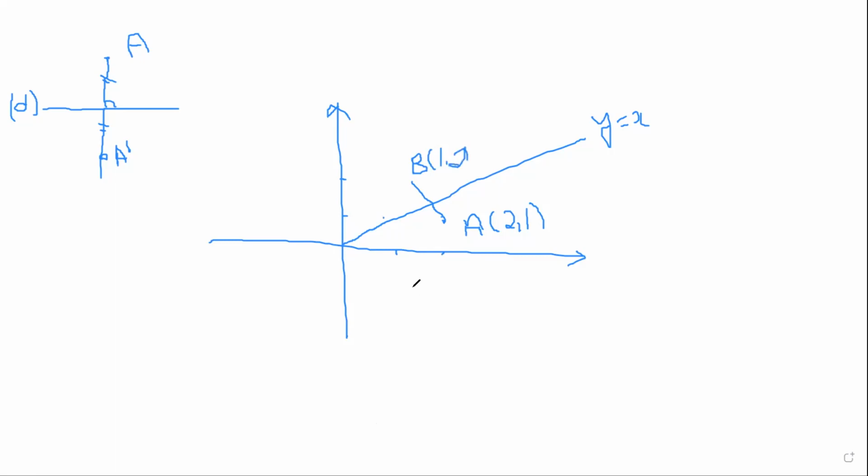So in general, if a point M has coordinates (x, y), what will be the symmetric of M with respect to the line y equals x? With symmetry with respect to y equals x, it becomes N (y, x).